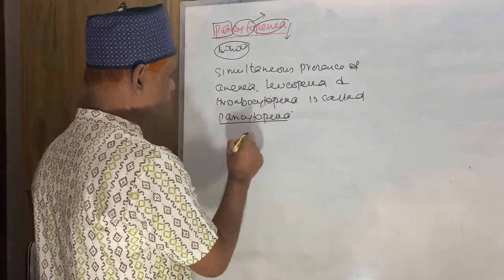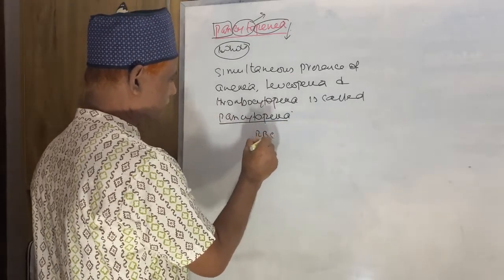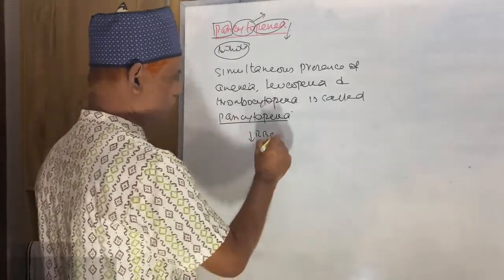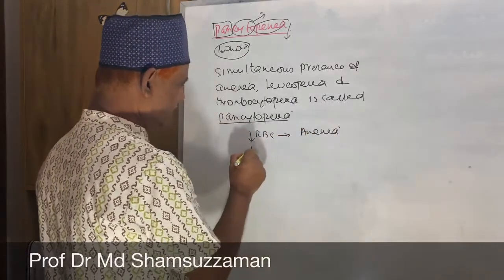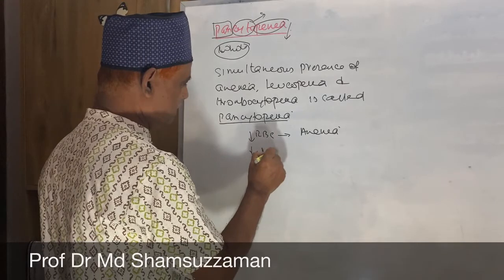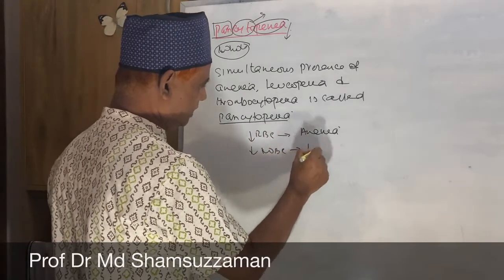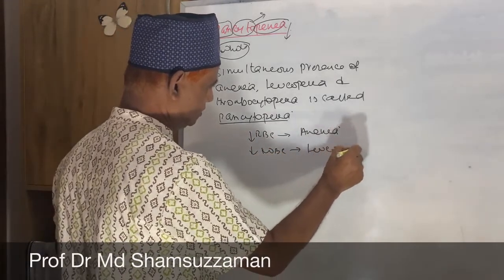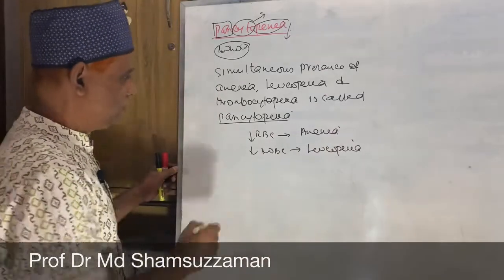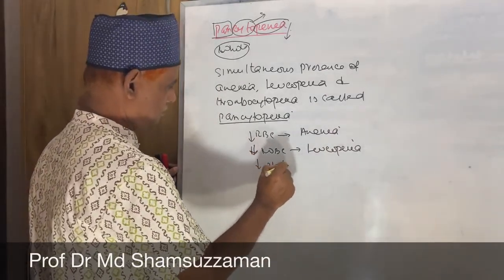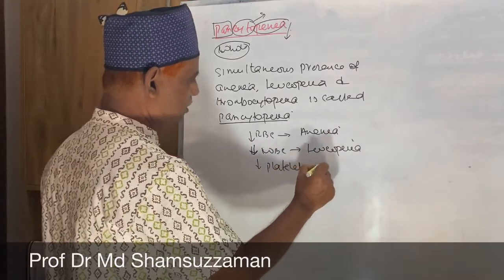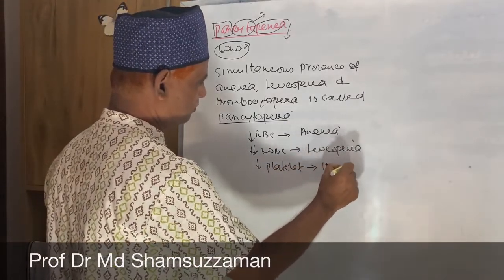So in pancytopenia, RBC is decreased, so there is anemia, and there is decreased WBC, that is called leukopenia, and there is decreased platelet, and that is called thrombocytopenia.